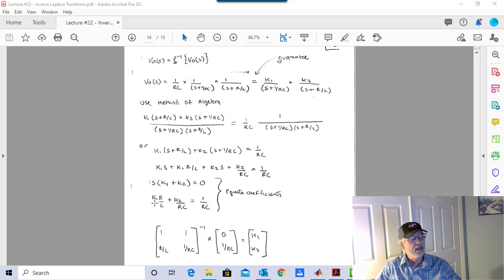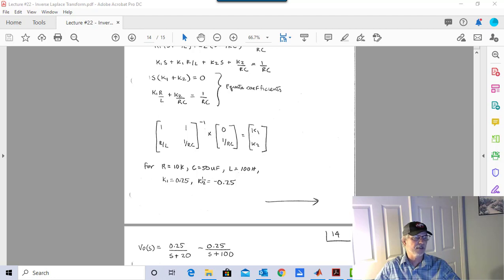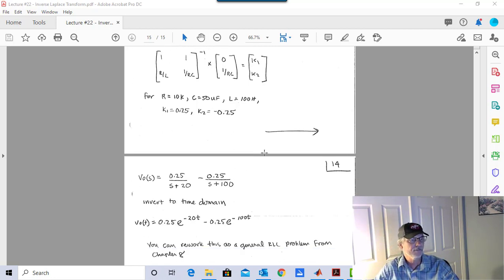K1 times R over L plus K2 over RC is equal to 1 over RC. From there, I have 2 equations and 2 unknowns. I can't escape numbers anymore, so I actually have to put the numbers in. And I get K1 equal to 0.25, and K2 equal to minus 0.25.